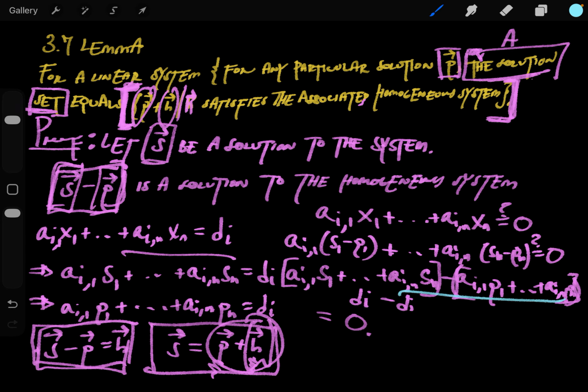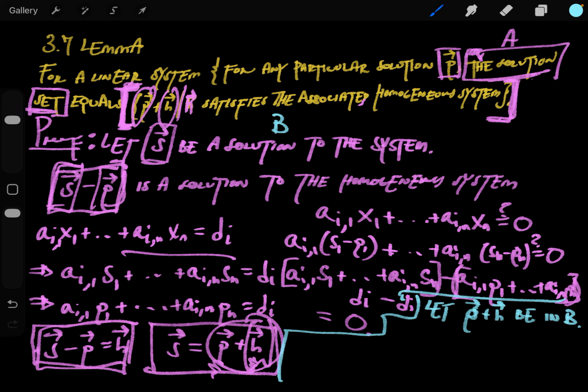So let P plus H be in this set B. We need to show that this is indeed a solution to the system. Why?